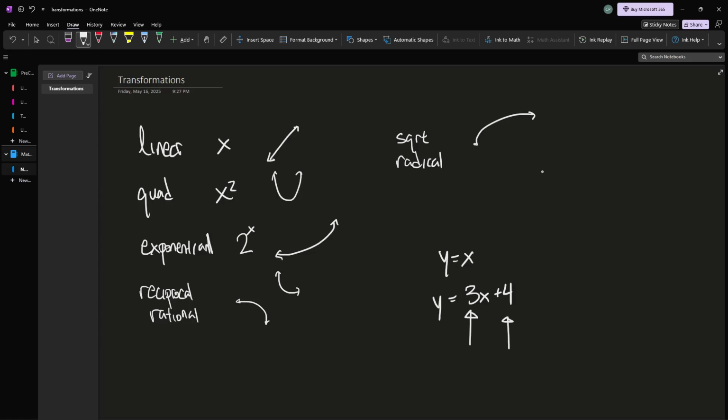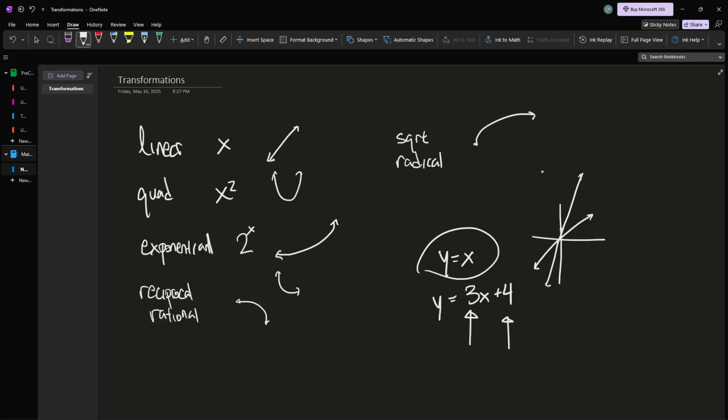That changes how it looks, where x might look like this, but 3x plus 4 now looks like this. Actually, that doesn't really start at 4, but we see that it's much steeper and it looks different. So these adjustments, you've done them already, but these are transformations. We're changing our function starting with a basic function, starting with a parent function.